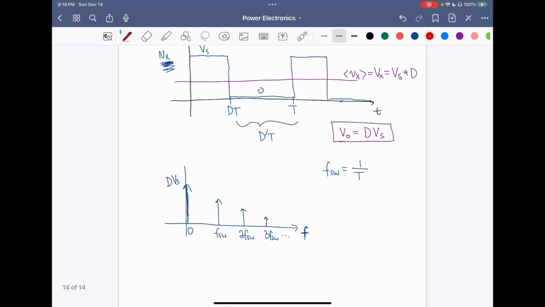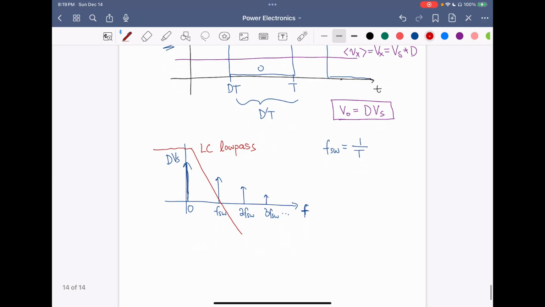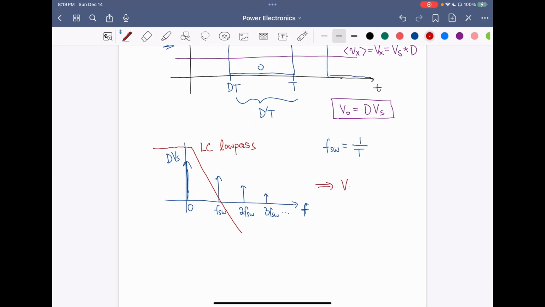All that it's going to do is give us a cutoff frequency like this. So this is given by our LC low pass. And then at the output, Vo is just going to be our DC component, D times Vs. So this is the frequency domain way of looking at things. That is one way of looking at the operation of a buck converter.